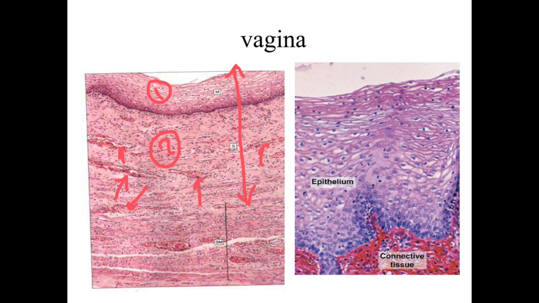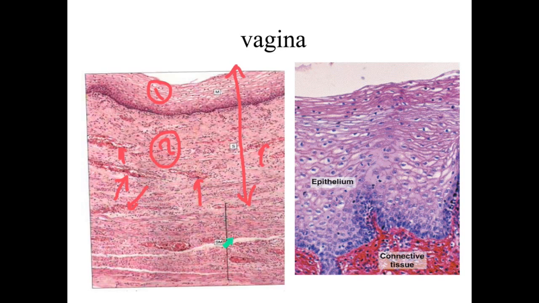Then we have the musculosa. The musculosa is formed of inner circular and outer longitudinal. Here you can see circular fibers can be seen. Also we have blood vessels, and the outer longitudinal is not so evident.